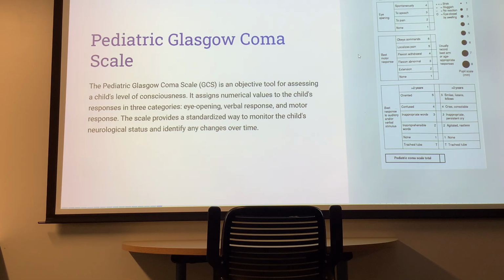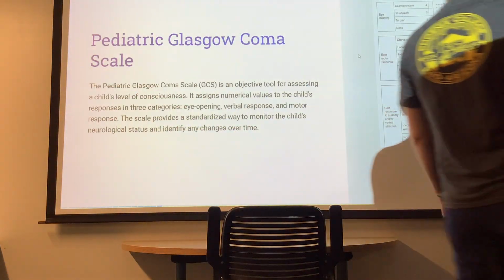The Glasgow Coma Scale, you guys have seen this, right? You went over it in critical care. We do have a pediatric one that is adjusted because some of our patients can't talk. So how are you going to get their verbal response?